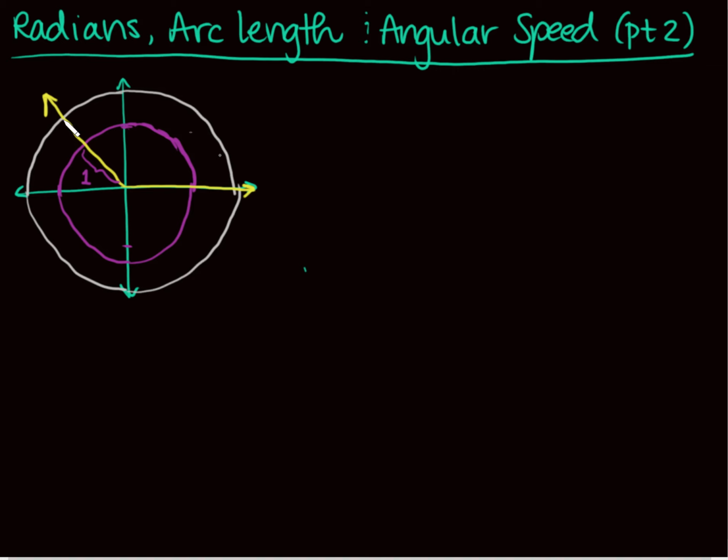And then this distance right here, let's just call this r for some radius. The gray is going to be a circle of radius r, so it doesn't have to be 1 now. And then the purple is going to be a circle of radius 1. So that's going to be our unit circle.